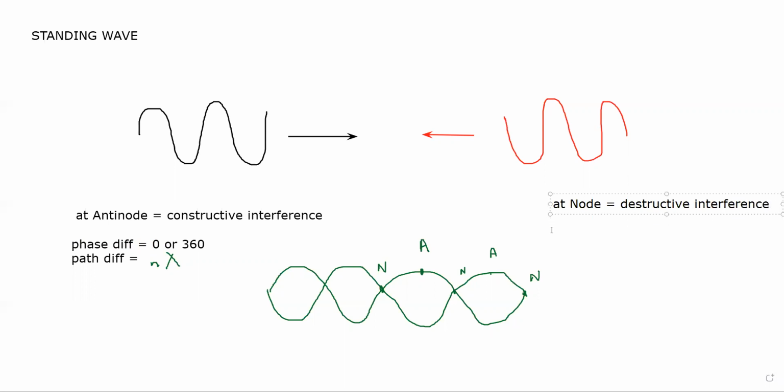The condition for destructive interference: the phase difference at this point should be 180 degrees, and the path difference should be (n plus half) lambda.